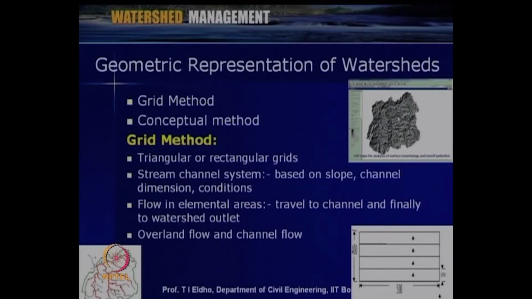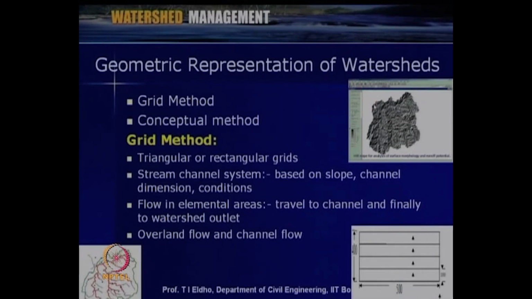As we have seen, in watershed modeling we have to consider the overland type flow and the channel type flow. So, the stream channel system, based upon the slope, channel dimensions and conditions, we have to deal with. In the grid we can use the triangular or rectangular grid, and the flow in elemental areas, like if this is the rectangular grid which we consider, the flow from one element travels to another element, to the channel, and finally to the watershed outlet.